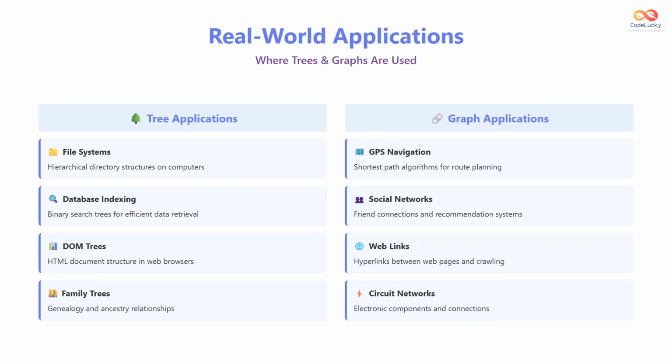Trees and graphs have numerous real-world applications. Trees are used in file systems to create hierarchical directory structures on computers. They are used in database indexing through binary search trees for efficient data retrieval. Trees represent the Document Object Model, or DOM, in web browsers, and they are used to represent family relationships in genealogy applications.